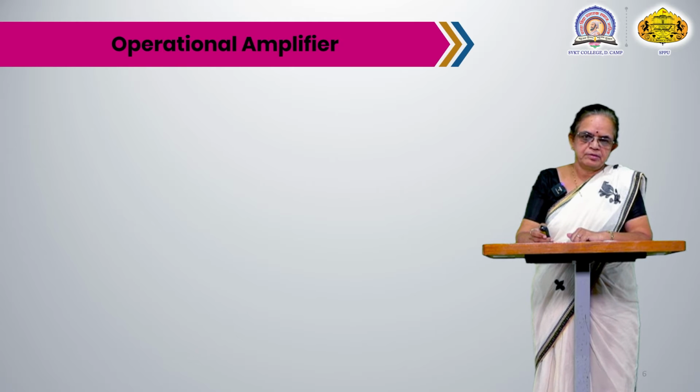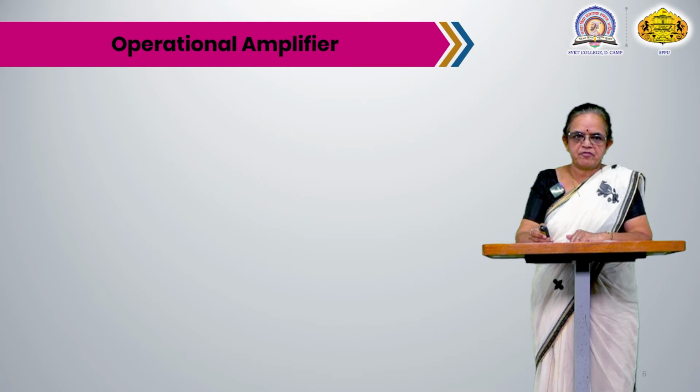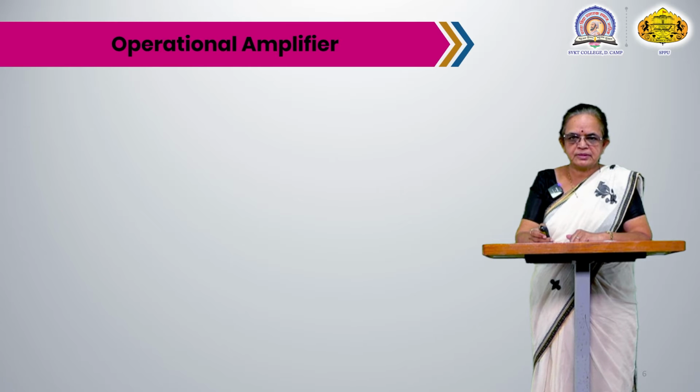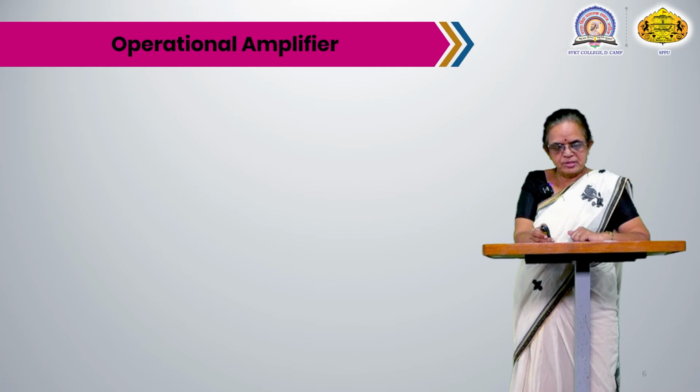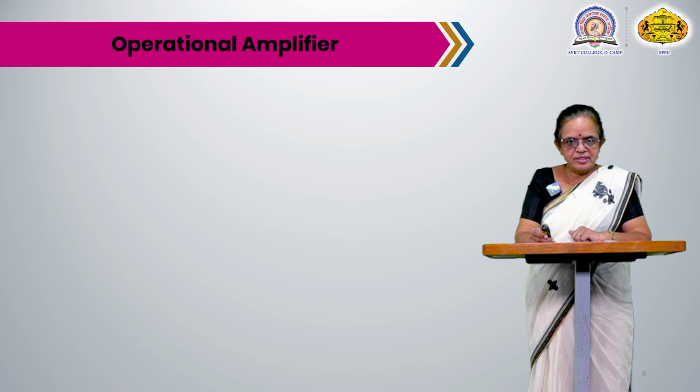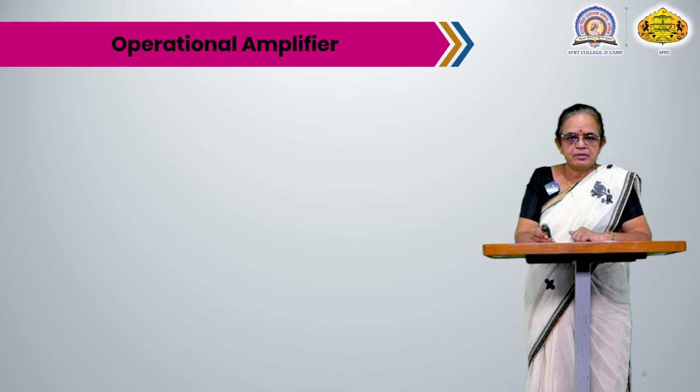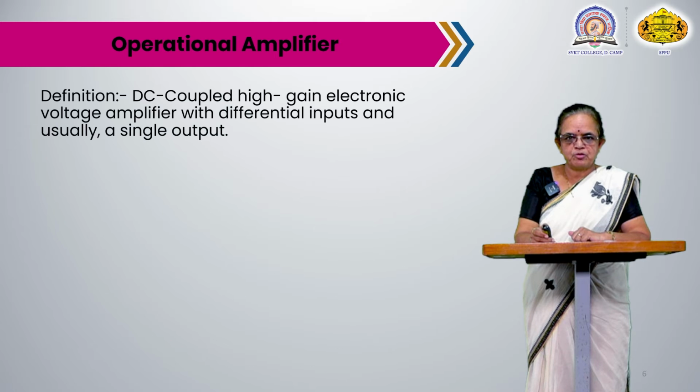Operational amplifier. Now first we will see what is the requirement of an operational amplifier. In many circuits or medical instruments, we are required to amplify the signal, because transducers or other instruments have very low output voltage, in microvolts or millivolts, and to amplify this we require high gain amplifiers. Generally operational amplifiers are used for this.